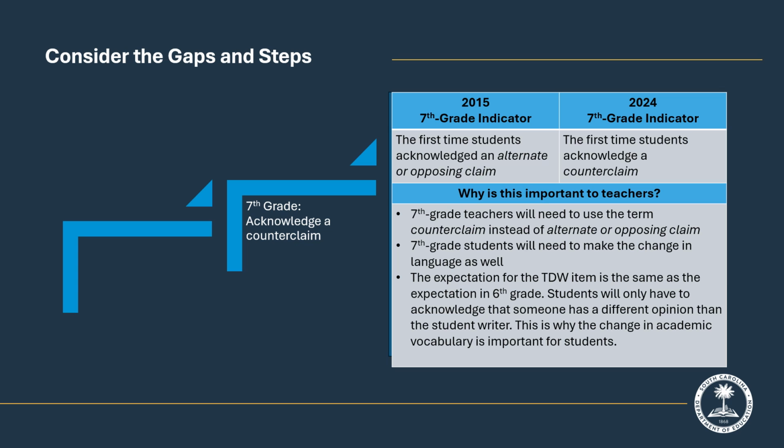Why is this important? 7th grade teachers will need to use the term counterclaim instead of alternate or opposing claim, which was part of the 2015 standards. 7th grade students will need to make that change as well. The expectation for the TDW item is the same as the expectation in 6th grade. Students will only have to acknowledge that someone has a different opinion than the student writer. This is why the change in academic vocabulary is important for students.